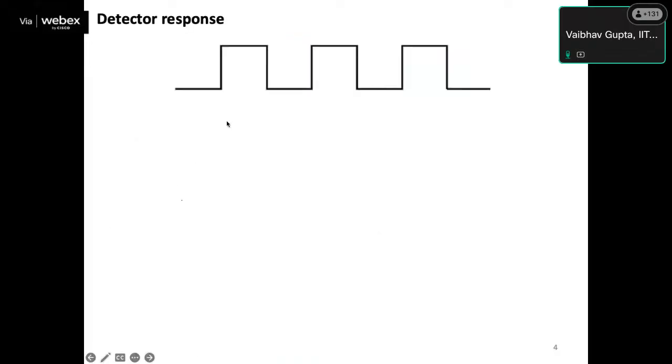Let's say we have a detector, and this is the response of our detector. What do I mean by the response? The detector is off for 1 microsecond, which is the dead time, meaning if a photon comes in a shorter time interval than a microsecond, let's say a nanosecond, the detector cannot detect it. And then the detector is on for some time and then off again for 1 microsecond.